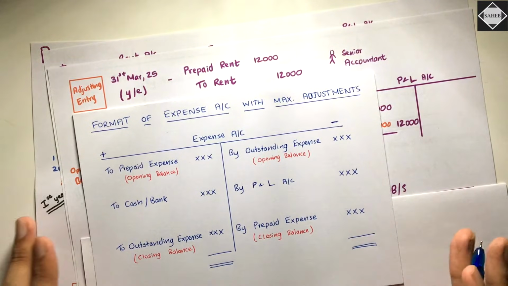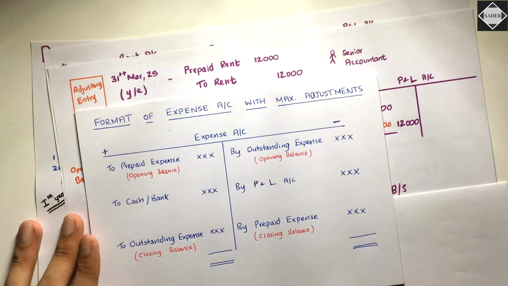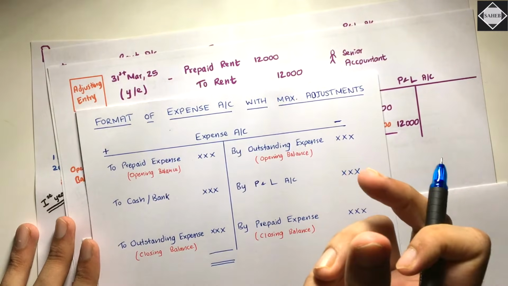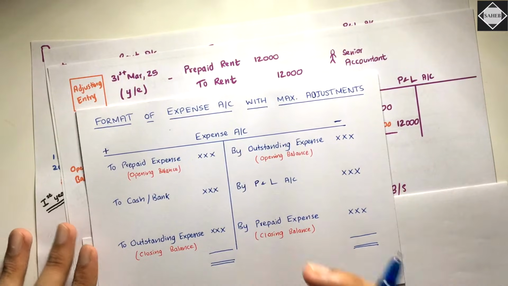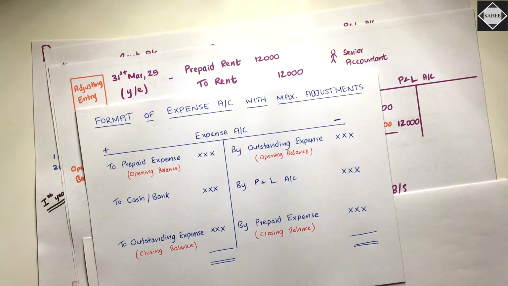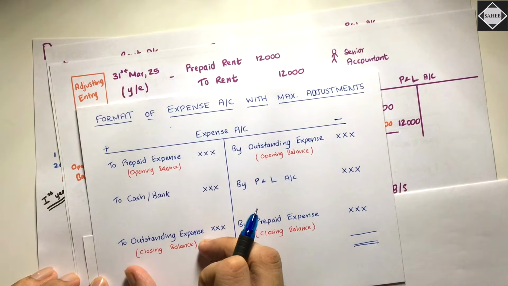Is that clear? Okay. Then outstanding expense, we already know from the previous video that outstanding expense has a credit balance. It is a liability. Whenever you prepare any liability account, the opening balance will be on the credit side and the closing balance on the debit side.